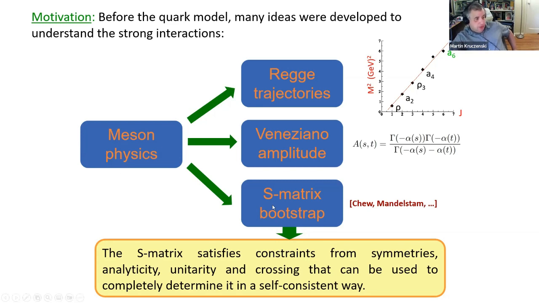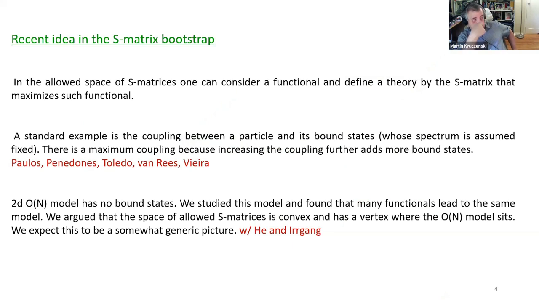One of those models was the S-matrix bootstrap of Chew and Mandelstam, Frautschi and many other people, which said that the S matrix satisfies these general constraints from symmetries, analyticity, unitarity, and crossing, and that if you consider those, you may be able to define or compute the S matrix in a self-consistent way. Now we know that that's not true.